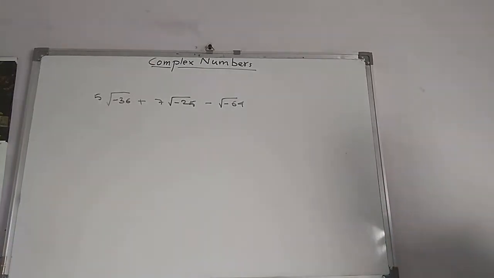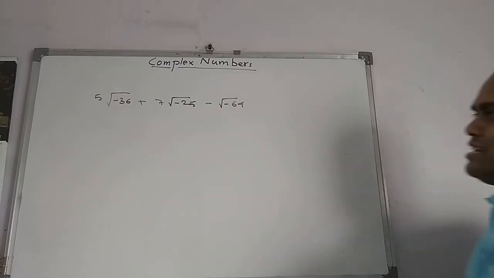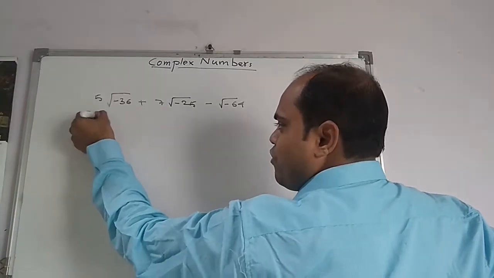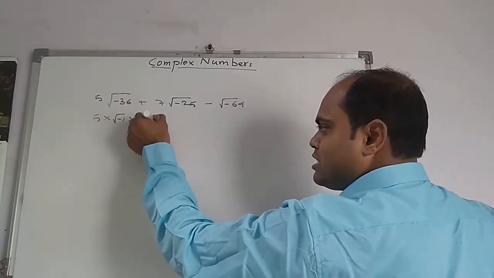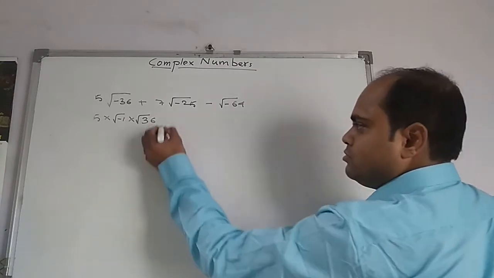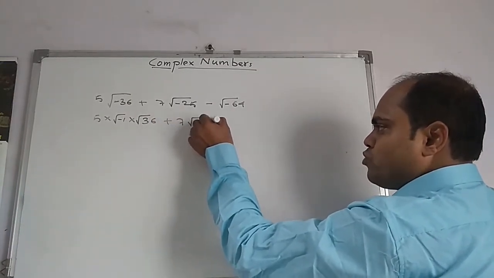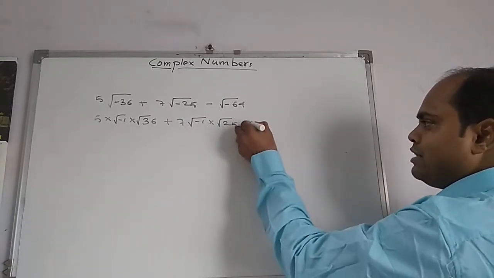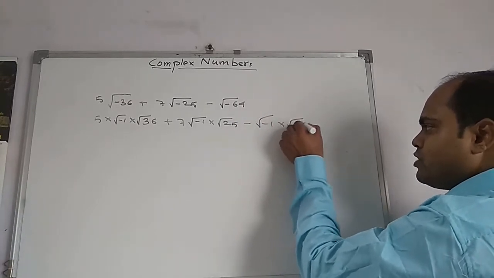Now simplify this expression. We can write it as 5 multiplied by square root of minus 1 multiplied by square root of 36, plus 7 multiplied by square root of minus 1 multiplied by square root of 25, minus square root of minus 1 multiplied by square root of 64.